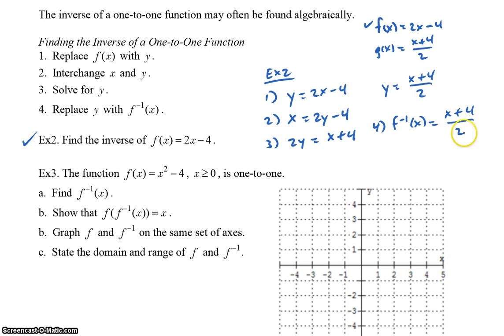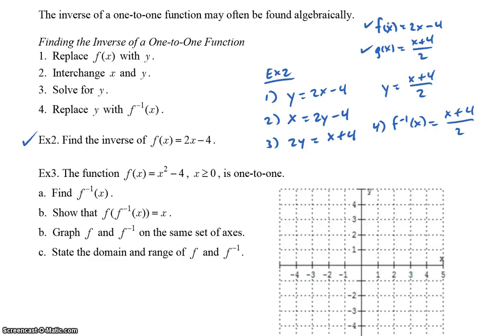This is the inverse of f of x equals 2x minus 4. As you can see, that's identical to the function we were pairing with f, the function we called g previously from the earlier example that we did. I guess that was example 1. Since this is just example 2, I couldn't remember the example. It must have been example 1, of course.